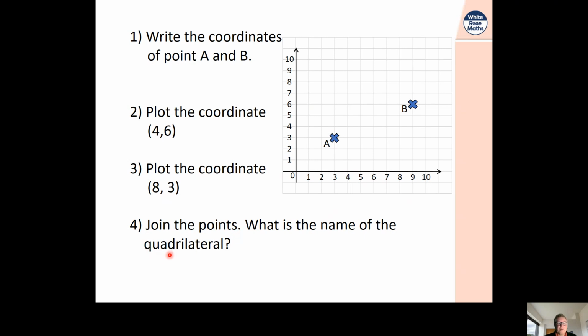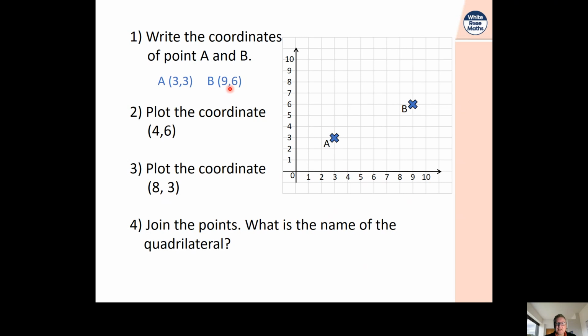What's a quadrilateral? Quad, 4. So 3, 3. 9, 6. So that one better demonstrates that you start with the x-axis. Look at the brackets.